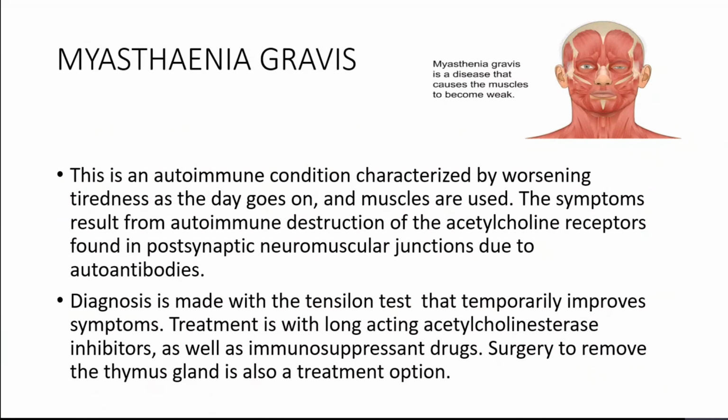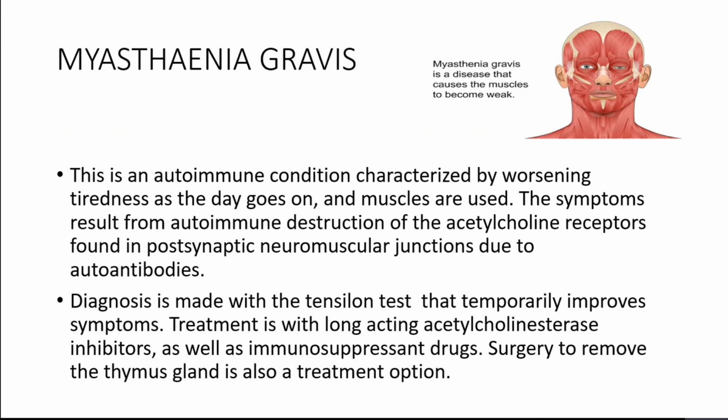So the next pathology is myasthenia gravis. This is an autoimmune condition characterized by worsening tiredness of the muscles as the day goes on and the muscles are used more and more. The symptoms result from autoimmune destruction of the acetylcholine receptors found in the postsynaptic neuromuscular junctions due to autoantibodies.